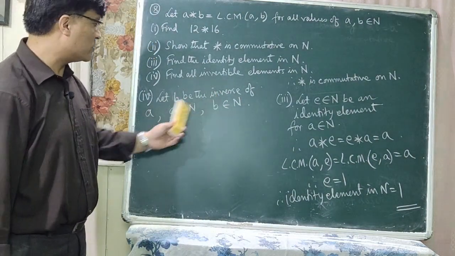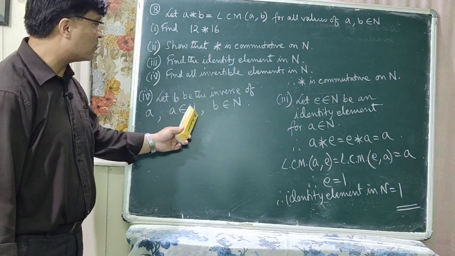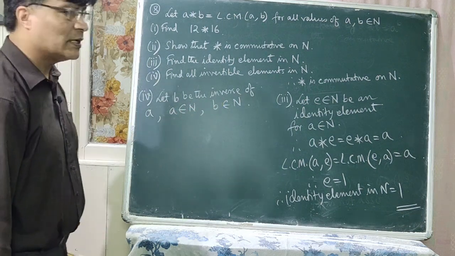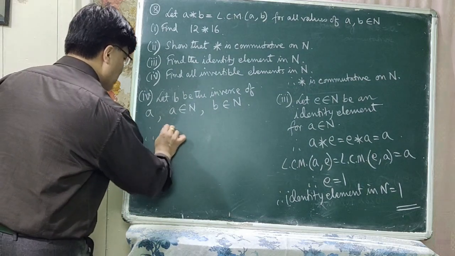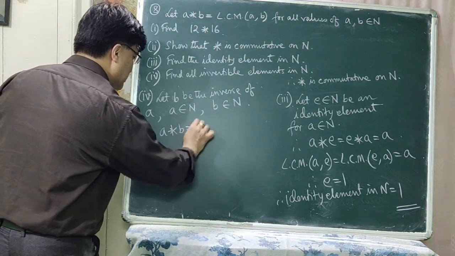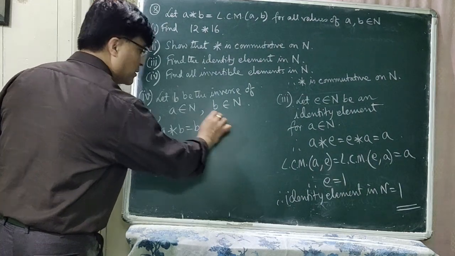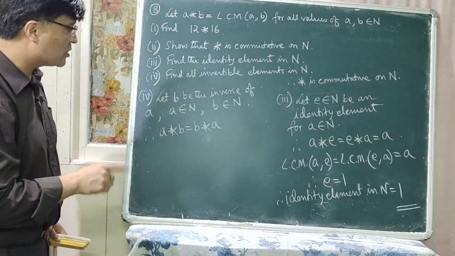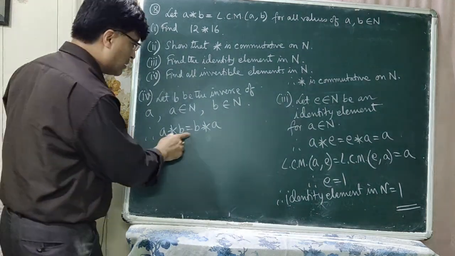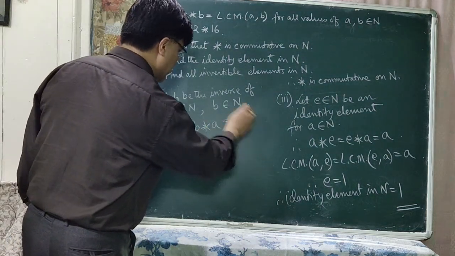Okay. So now you know that from the definition of inverse of an element, we have A star B is equal to B star A is equal to E.